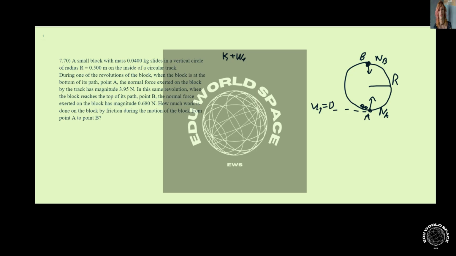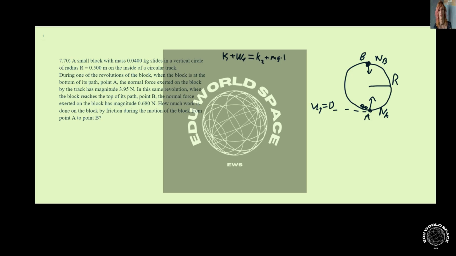Actually, I'm going to write that as plus, and then that's equal to the kinetic energy at point B, plus the gravitational potential energy, so plus m times g times 1. It's 1 here because the radius is half a meter, so 2r, the diameter from point A to point B, is 1.